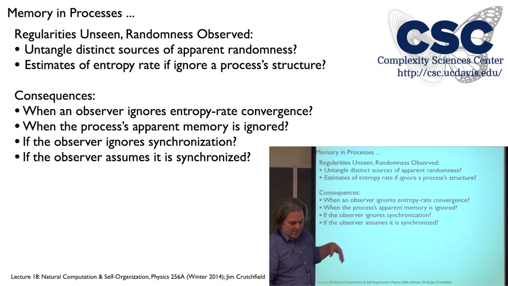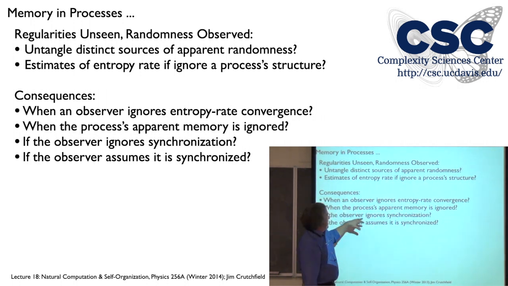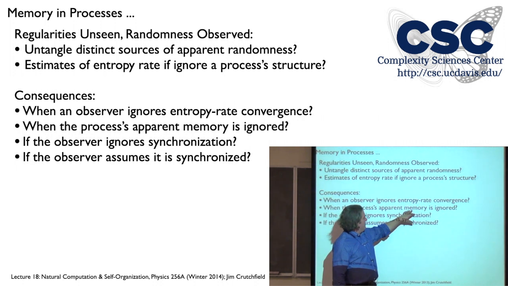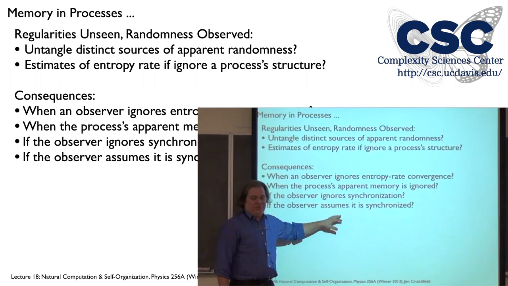So we can now use that tableau to try to answer a couple of different questions. What happens when the observer ignores the convergence of the entropy rate, or ignores the fact that the process might have some positive excess entropy, or ignores synchronization, or assumes you're synchronized?